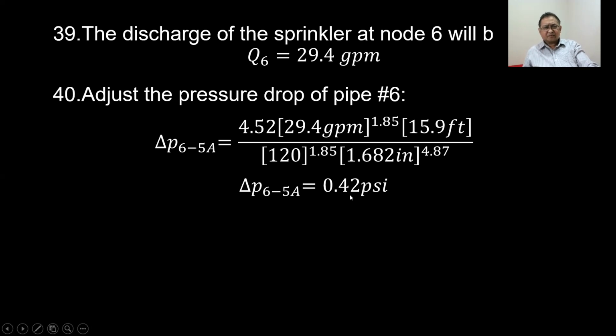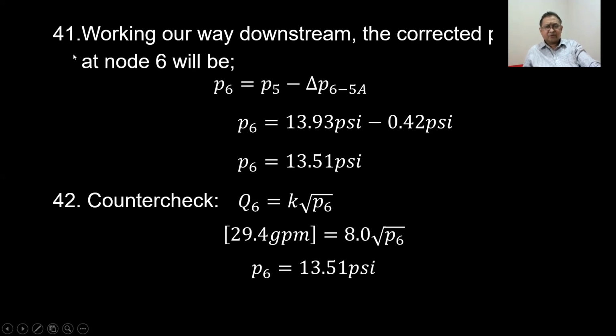So from that, since we are working our way downstream, the corrected pressure at node number 6 will be equal to P sub 5 minus the pressure drop between nodes 6 and 5. So 0.42 will be subtracted from 13.93, and the pressure at node 6, or P sub 6, will be 13.51 psi.